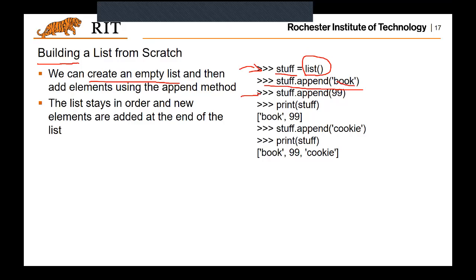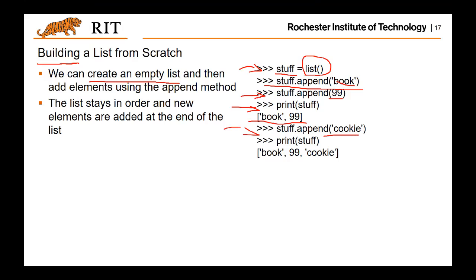And then you put the second one, which is an integer, 99. If you print it out, you will have two elements, book, a string, and 99, an integer. You can keep on doing this to append more elements into this list, and go on and on until you're good with that list. So that's how you create a list and add elements to it. Use the append function.